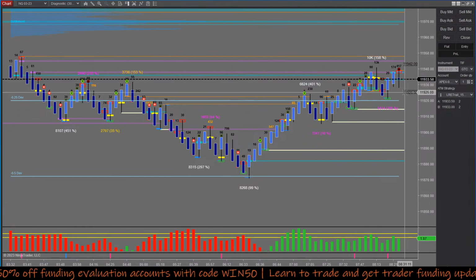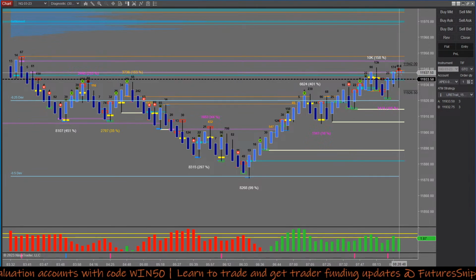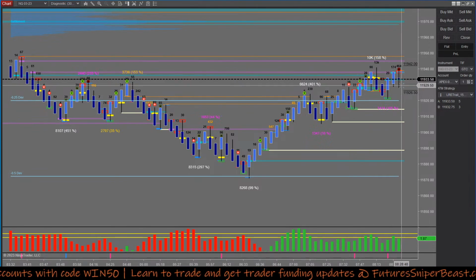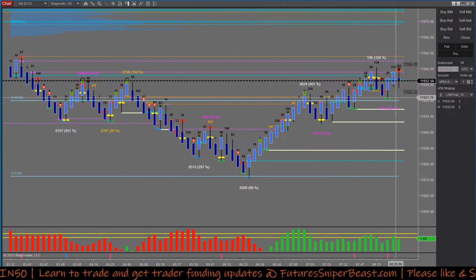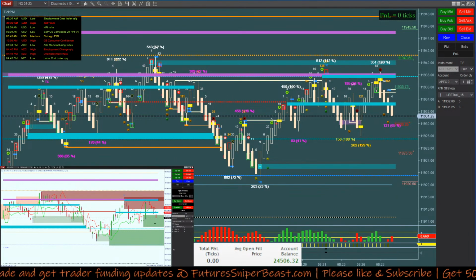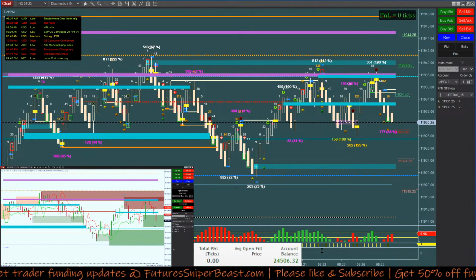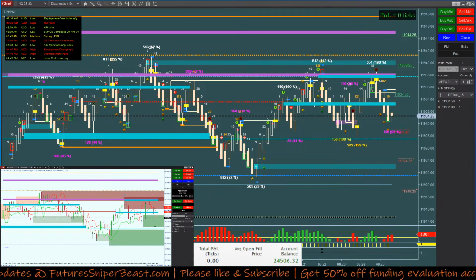No cluster, or else that'd be a Lorex, but this little potential weakness right on this crash. So we'll see what happens there. Oh, man.